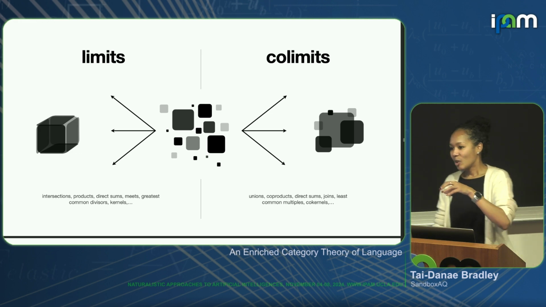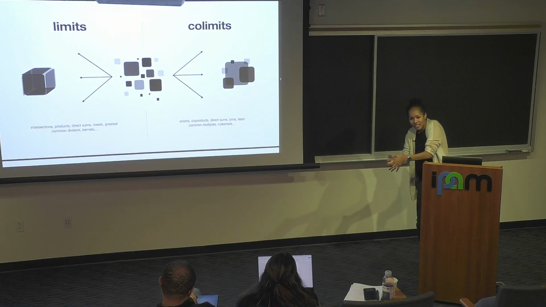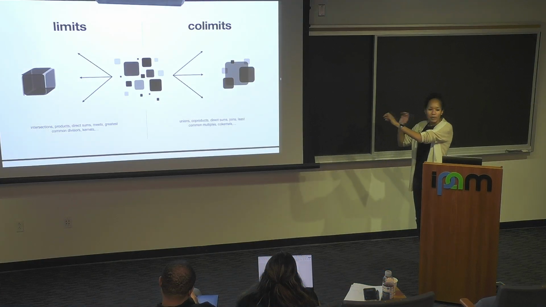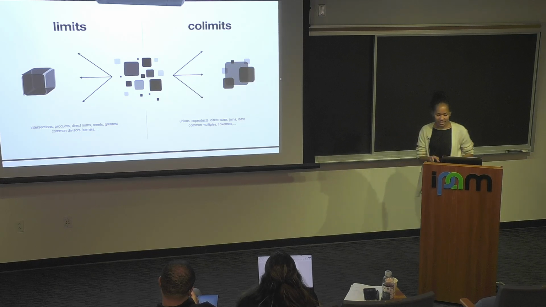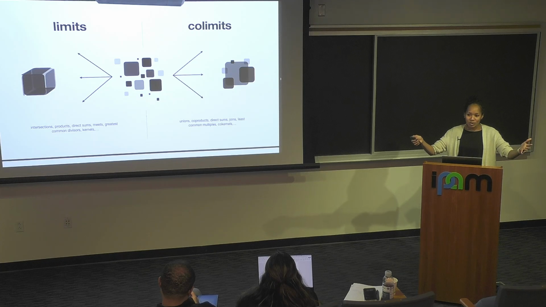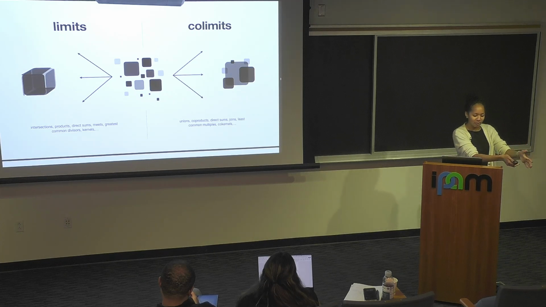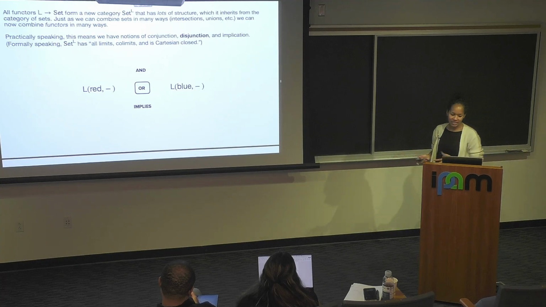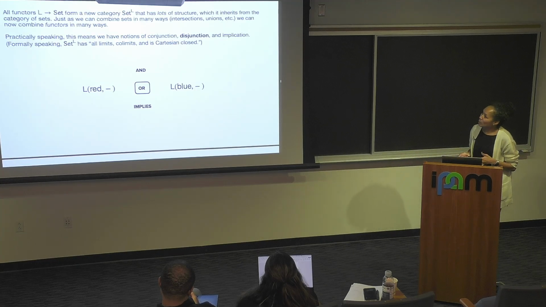So what I was saying is, when you look at set, you can do a bunch of things with sets. These are special examples of constructions that fall into these two buckets. And so you have this at your disposal when you look at functors from your very basic language category valued into set. So here's the summary.